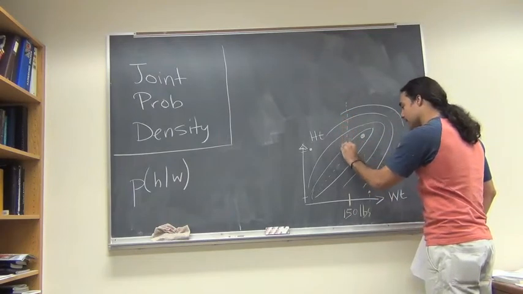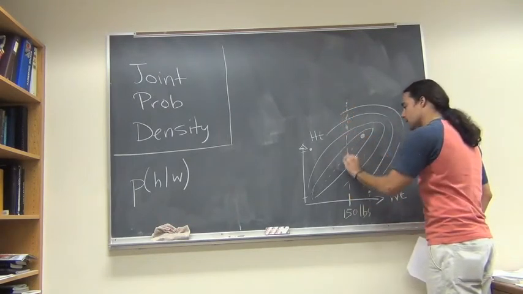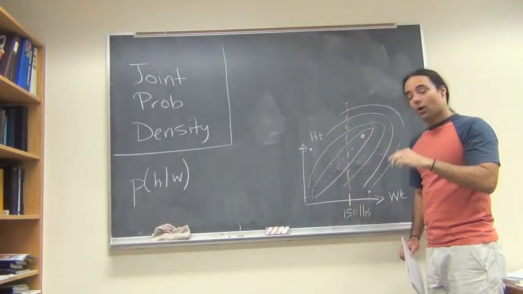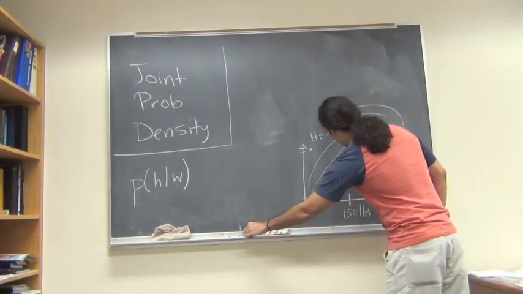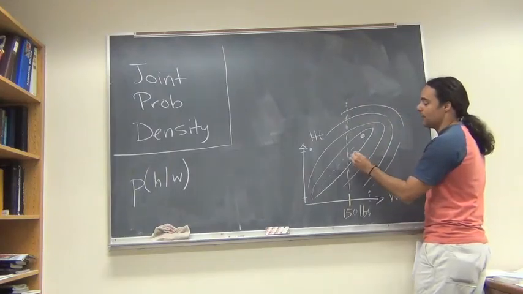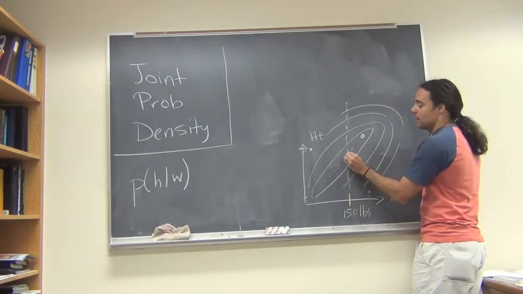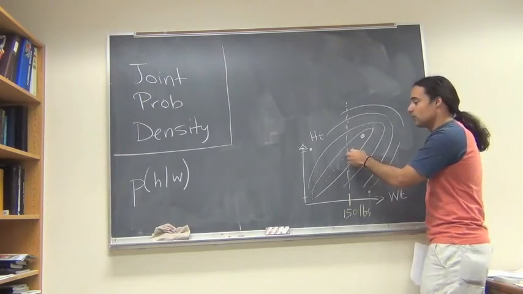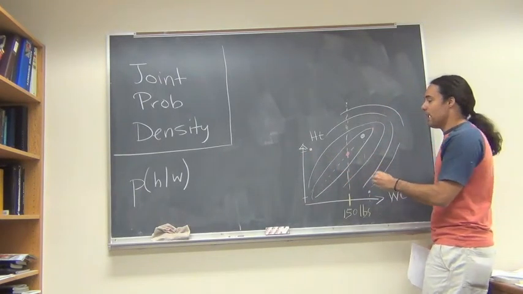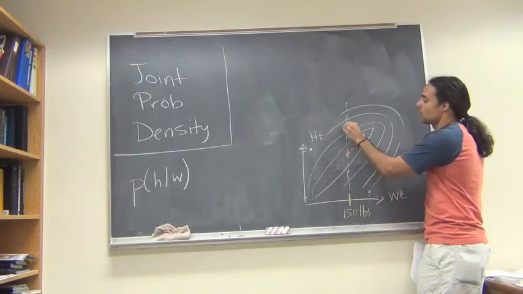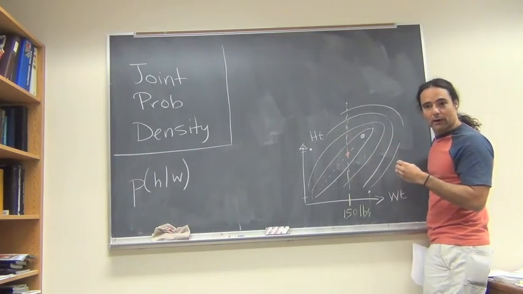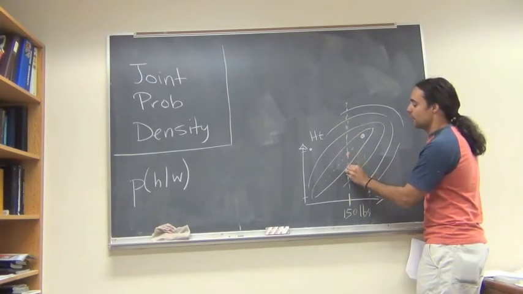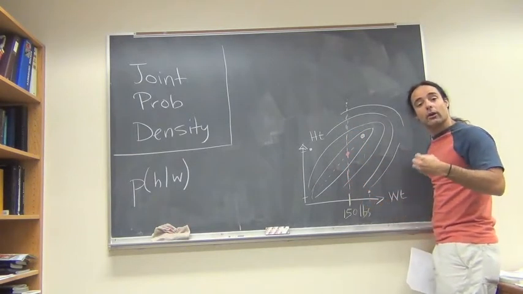So I know their weight falls somewhere on that line. Well, I can tell, just by looking at this plot, that the person is most likely to have a height that's right in the middle, where we have a maximum. We have some height that correlates with that weight, and as you get taller, the probability goes down, and the probability of having a shorter height goes down as well.